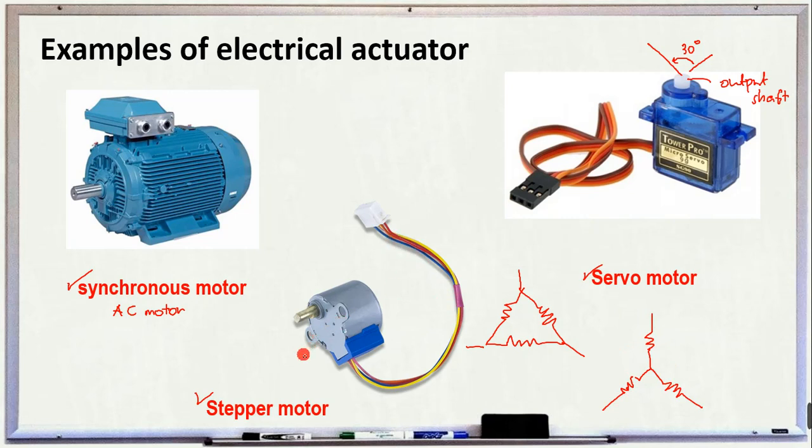And then with the stepper motor, it can still perform rotation but at a higher resolution. So let's say the stepper motor can perform rotation of up to 0.01 radians. Meaning it can be programmed to rotate, let's say this is the initial position, to 30.05 degrees.